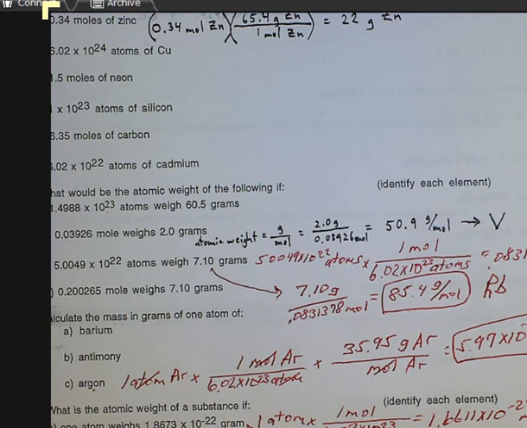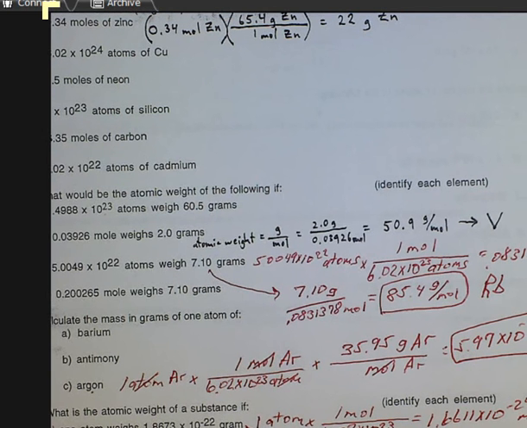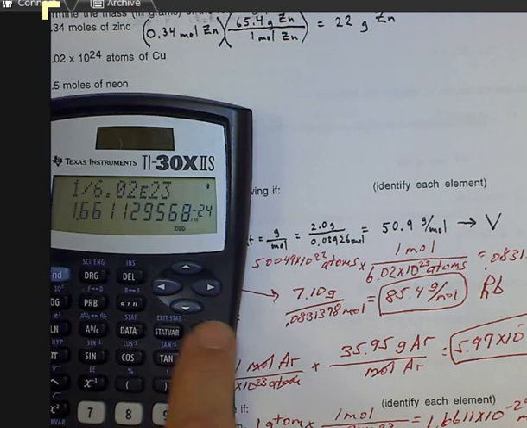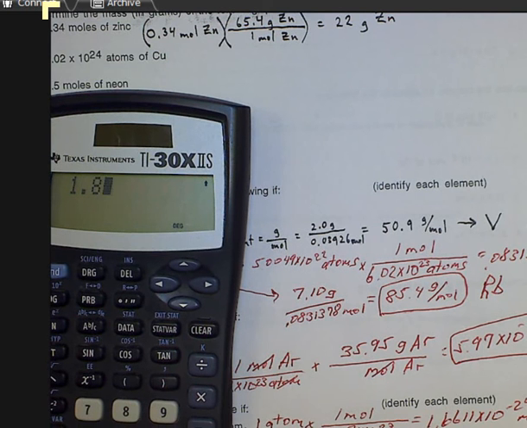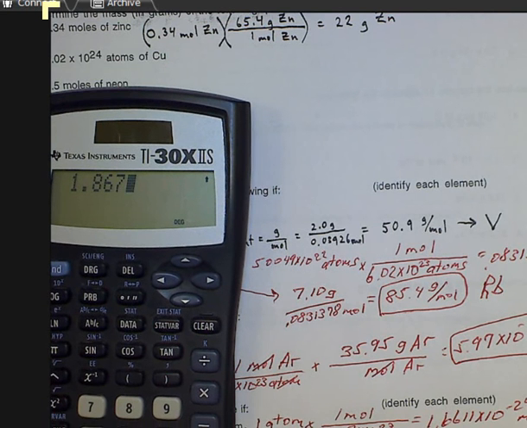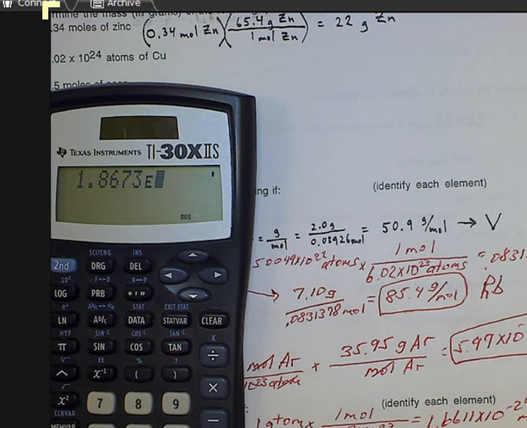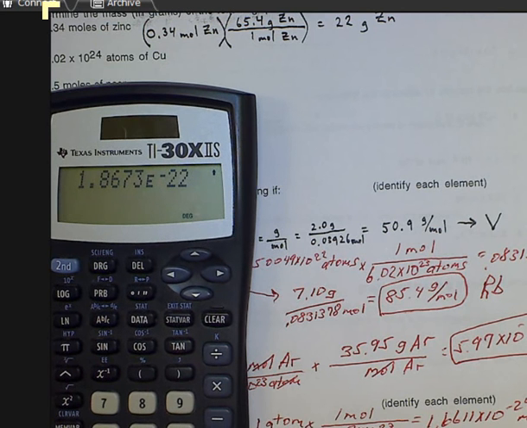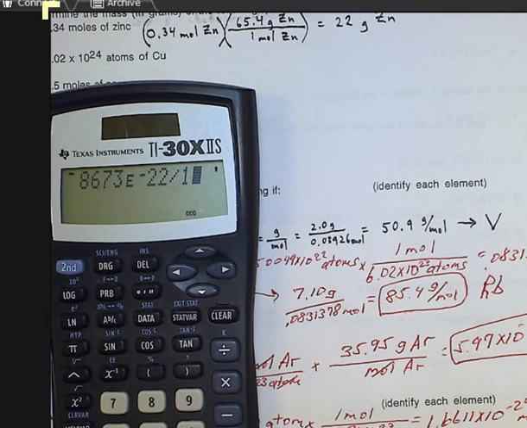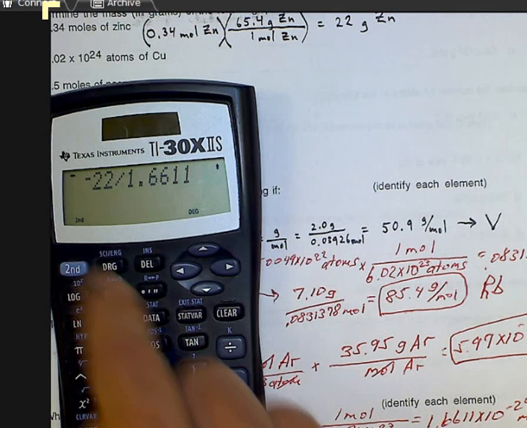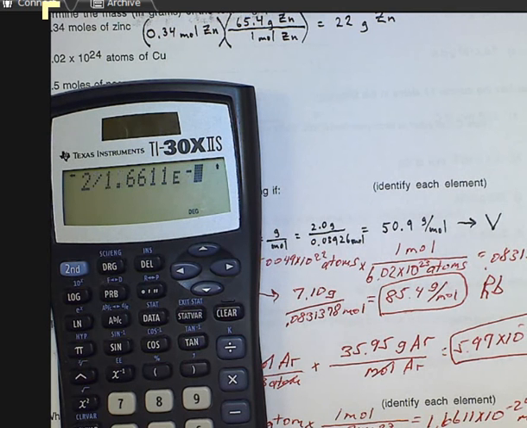That's how we find atomic weight. That's going to give us a value of 112.4 grams per mole.